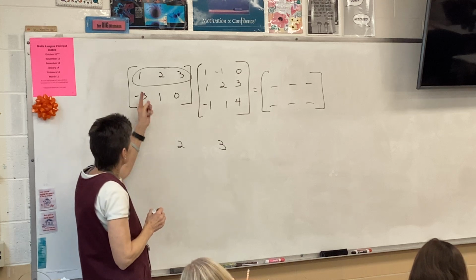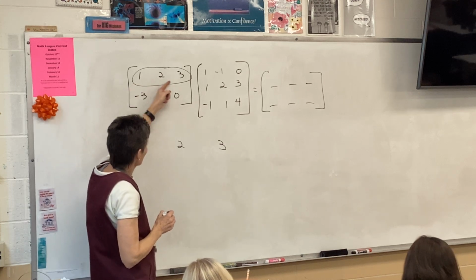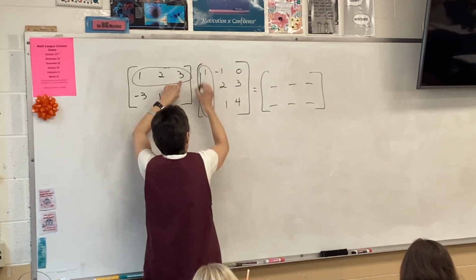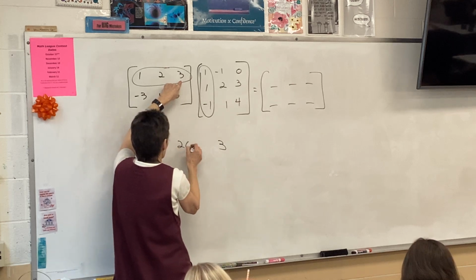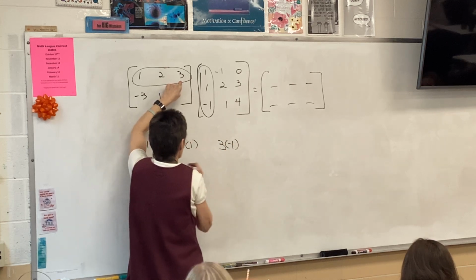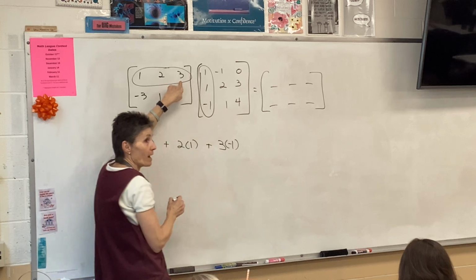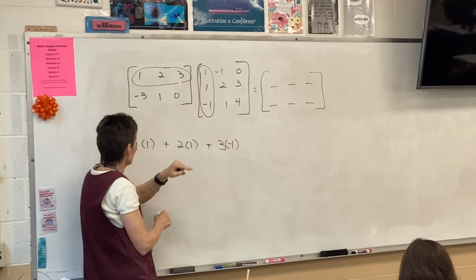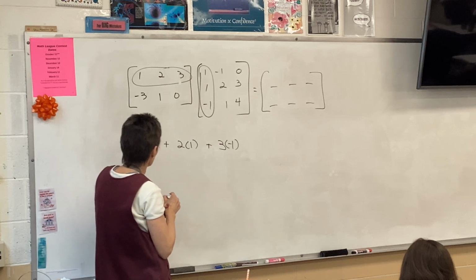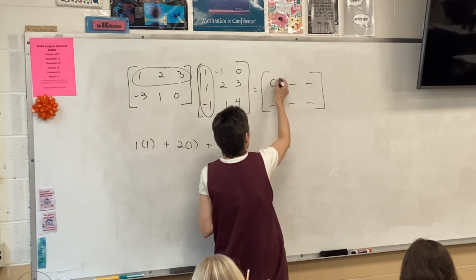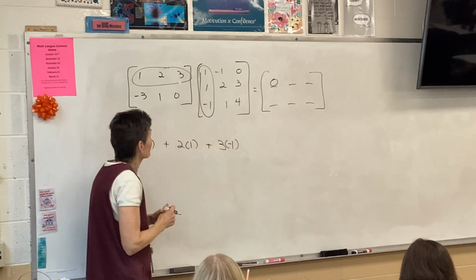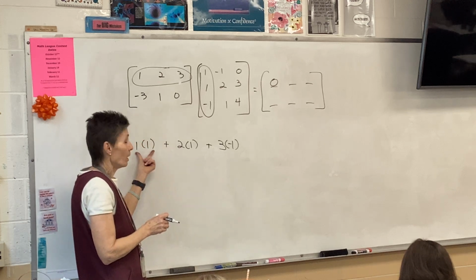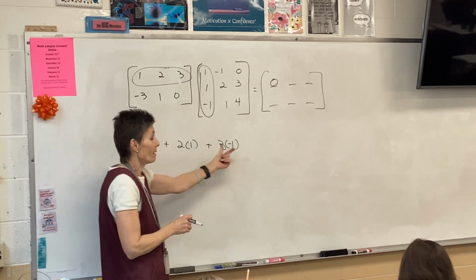So to get started, did you take the first row times the first column? It's a little bigger this time, but it's the same principle. You multiply each pair and add them up. I got 0. Did you get 0 for that first spot? 1 plus 2 minus 3.